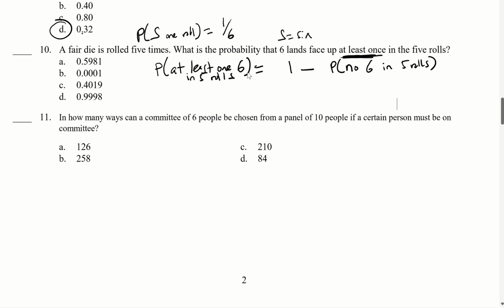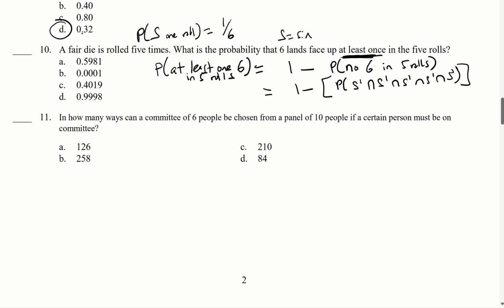So we're going to do 1 minus, and then, okay, now what's the probability of no 6s in 5 rolls? Well, that means having no 6, no 6, no 6, no 6, no 6, right? So that's the probability of no 6, so S prime meaning no 6, and no 6, and no 6, and no 6, and no 6, right? 1, 2, 3, 4, 5 times.